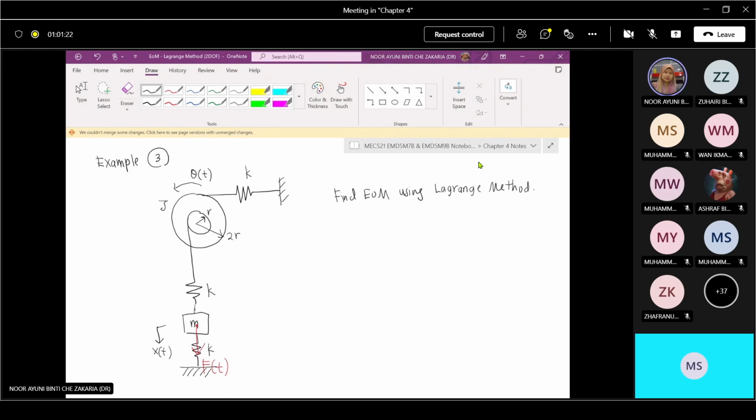Okay. Then what do you need first? If doing Lagrange, you need to have kinetic energy of the system, and then you need the potential energy of the system, and also you need the total work of the system. Kinetic, potential, and total work.